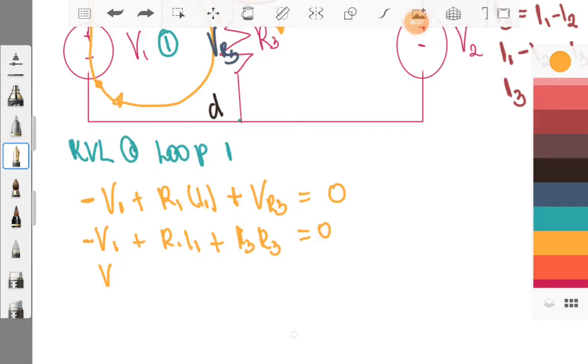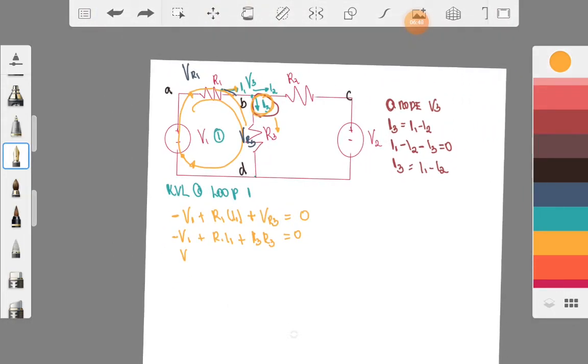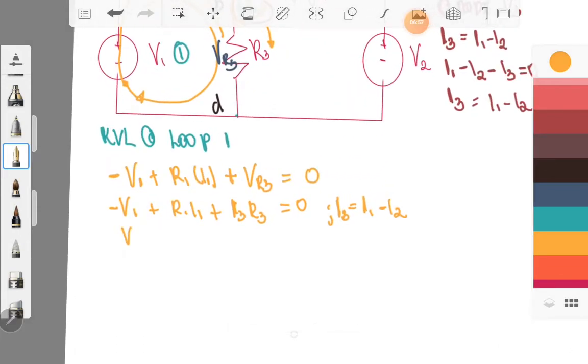Take note that I3 was illustrated a while ago: I3 is equal to I1 minus I2.